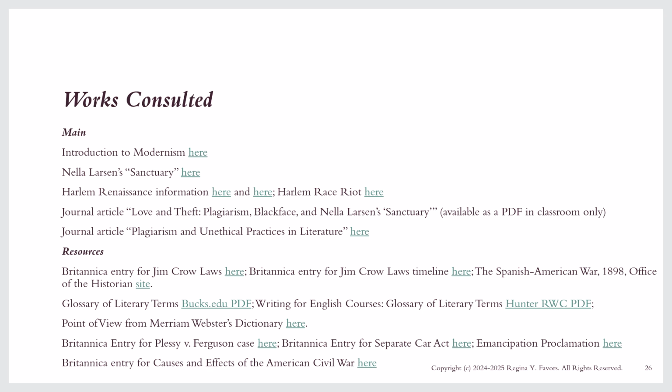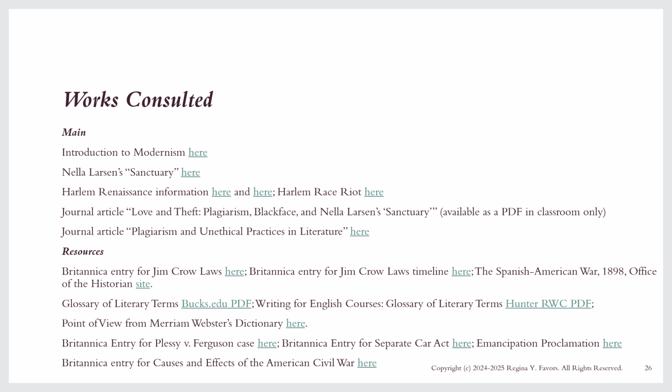And so these are the works consulted. This is Introduction to Modernism, Nella Larsen's Sanctuary, Harlem Renaissance in two places, Harlem Race Riot. And then the journal article is only available as a PDF in the classroom. It's one of those purchased items, and with me being a faculty member, I only have access to it.